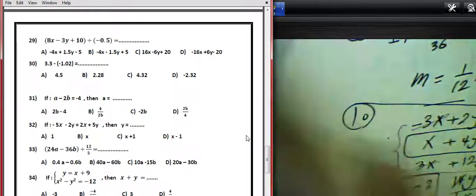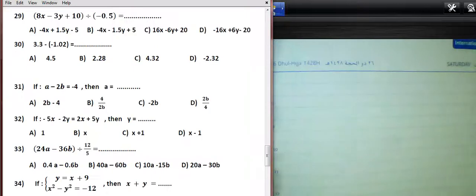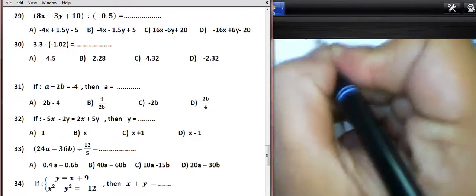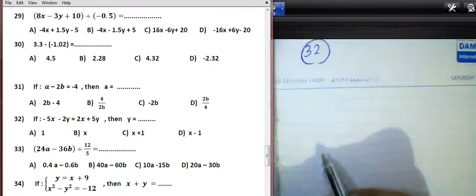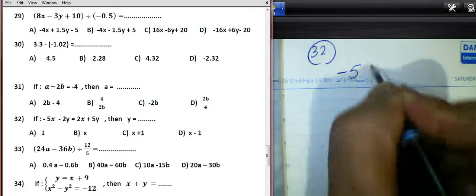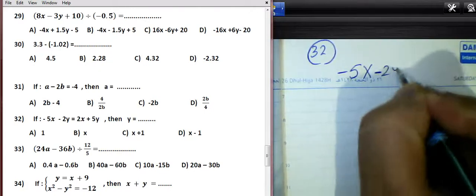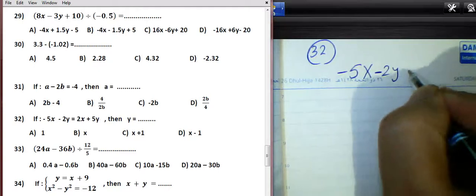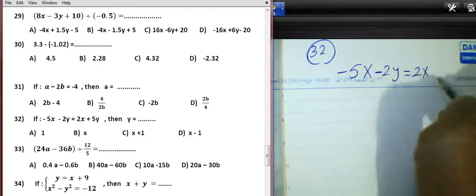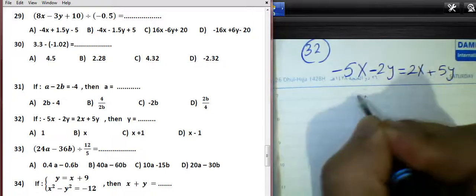Look with me at question 32 here. He told us in question 32, if negative 5x negative 2y equals 2x plus 5y, then y equals blank.